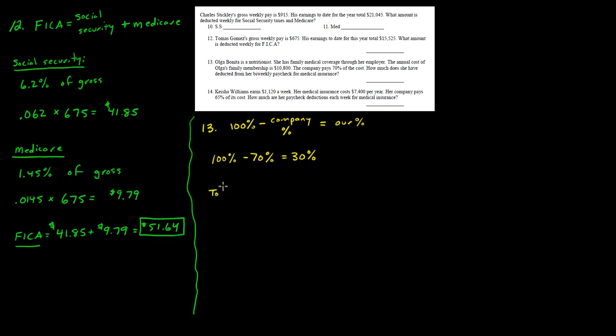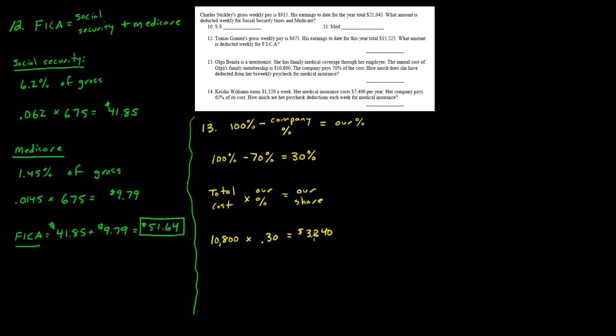So the total cost of the coverage times our percent is going to be our share of what we have to pay. So the total cost here is $10,800. Our share is 30%, written as a decimal is 0.30, and 10,800 times 0.3 leaves me with 3240.